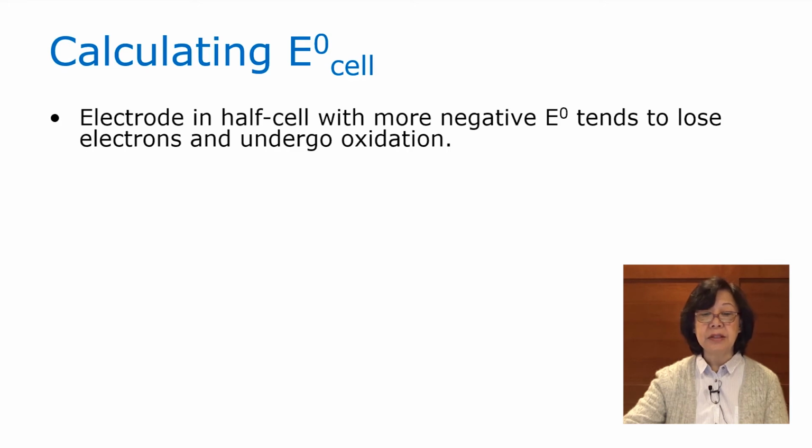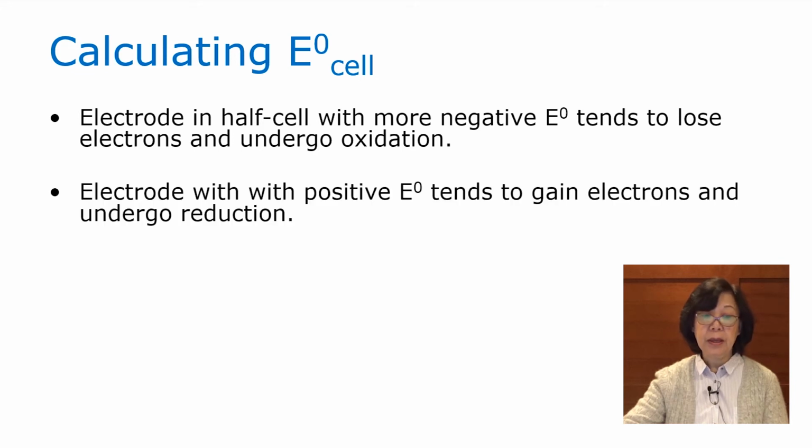When we calculate the cell potential, the electrode with more negative cell potential tends to lose electrons to undergo oxidation. And the electrode with the more positive cell potential tends to gain electrons and undergo reduction.